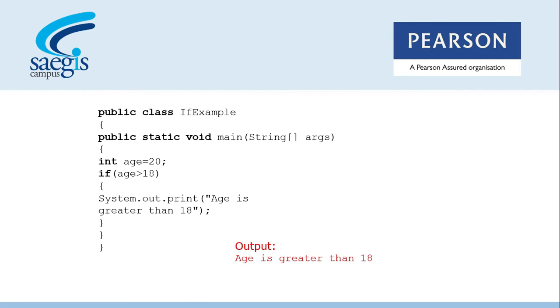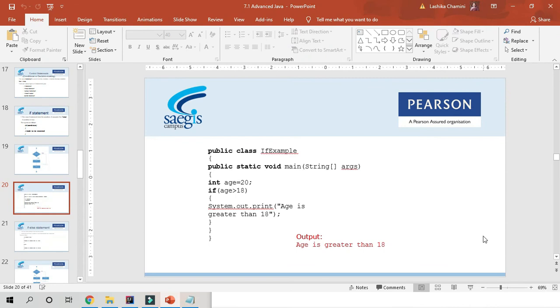We have an integer age with the value 20, and we check if the age is greater than 18. If it is, we go inside this if statement and print the things. Otherwise it just continues with the normal flow of the program. So we'll run this example.